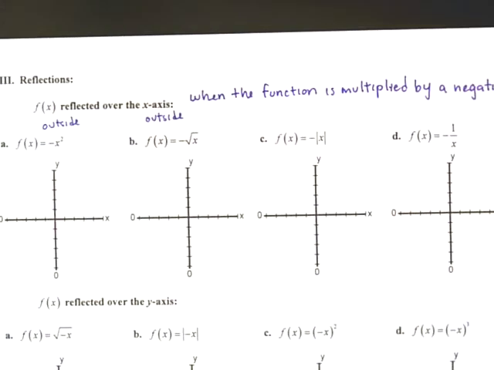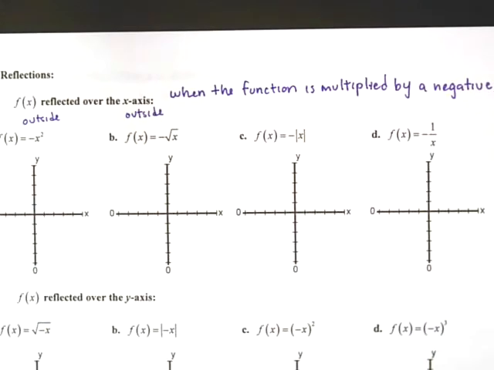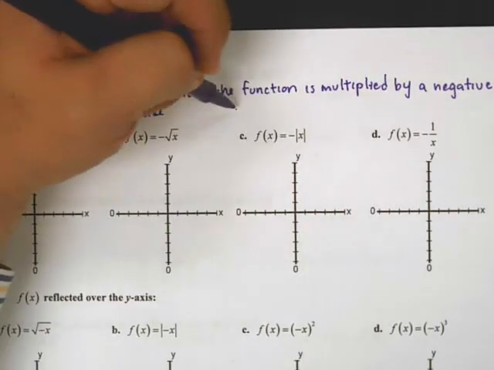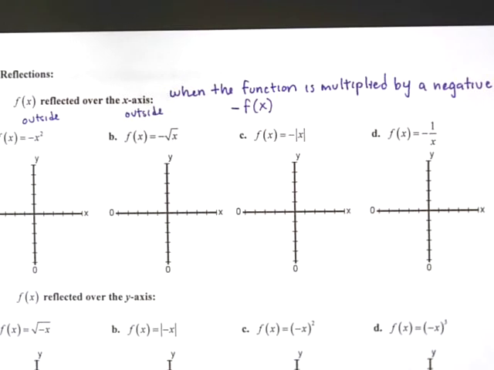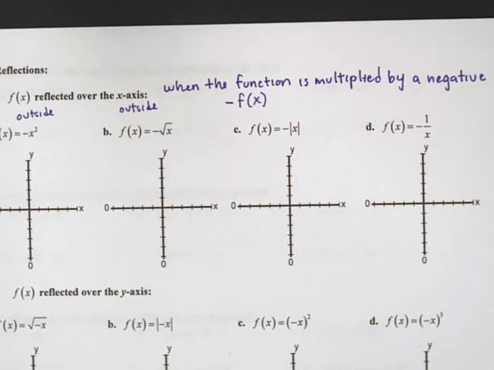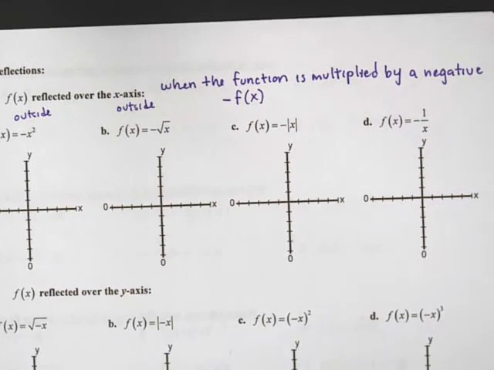Alright, that's a mouthful. When the function is multiplied by a negative. Shorthand, you had f of x, well now you have negative f of x. Okay? This means that you have a flip, or a reflection, over the x-axis.